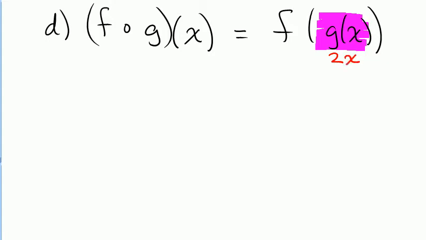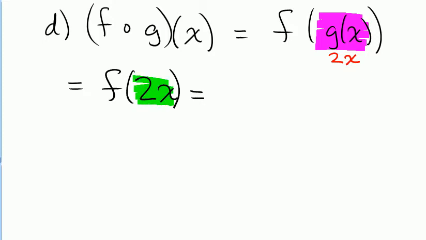So what we're really looking for is f of 2x. And just like we did for example C, we're going to take the 2x and plug it into the equation. So you're going to get 2x plus 2. That cannot be simplified. So you're done.